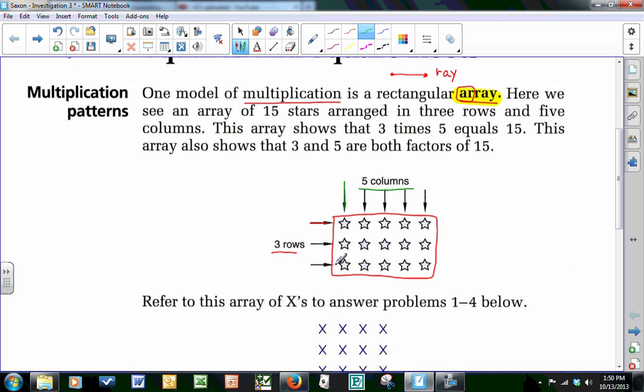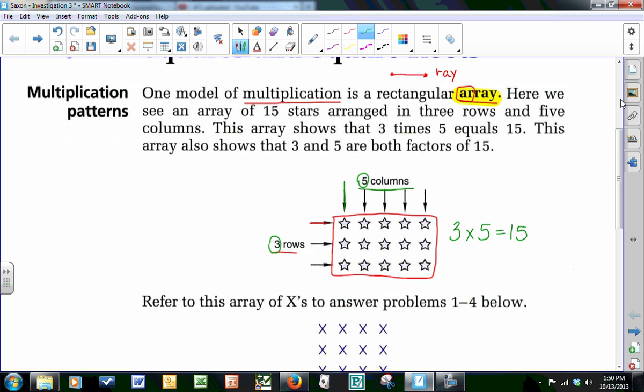So this array with all the stars in it has 3 rows and 5 columns. So we can represent that as 3 times 5 equals 15. This array is a picture of this number sentence, this equation, where 3 is one of my factors and 5 is one of my factors.